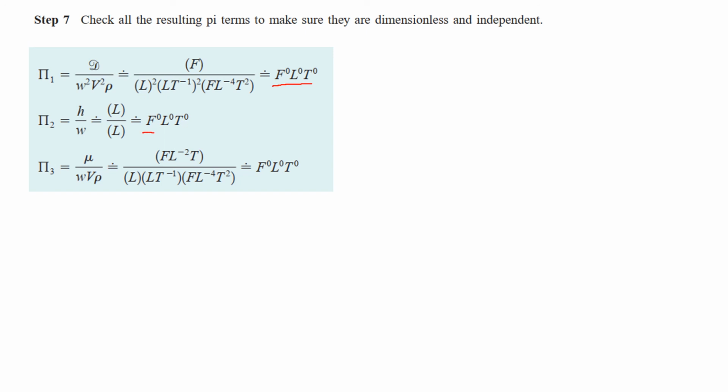So this is how cross-checking is done in dimensional analysis: initially we take one system of basic dimensions, we make pi terms for them, and we make sure these pi terms are dimensionless in this system. Then we also write these pi terms in terms of our FLT basic dimensions and see that they are also dimensionless.